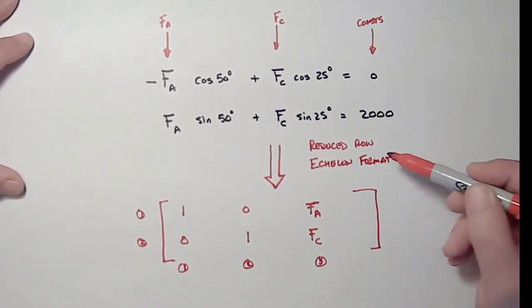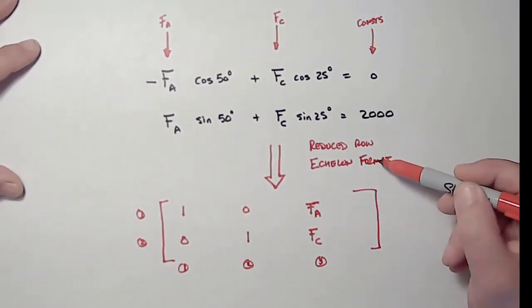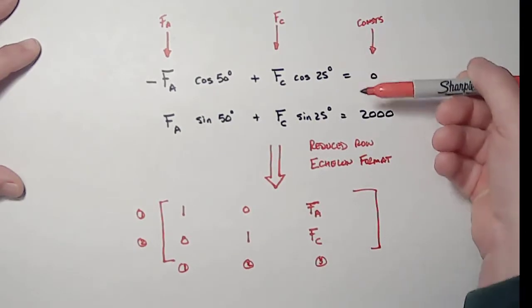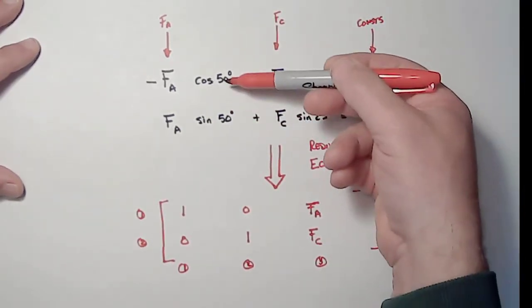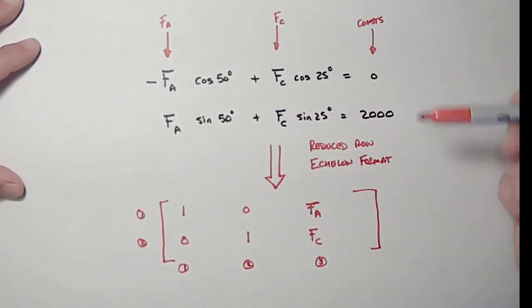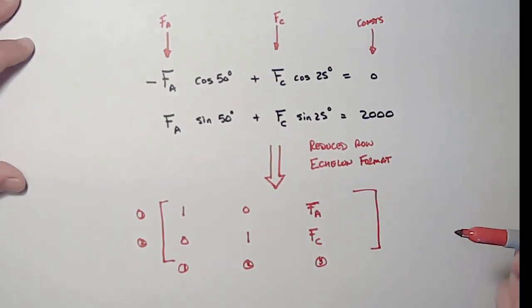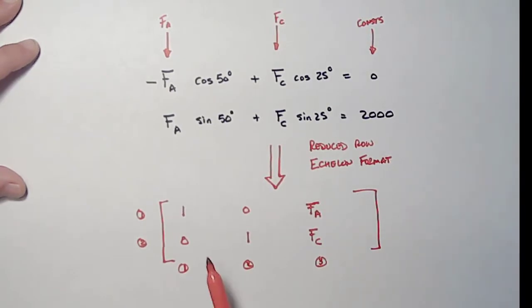And what a reduced row echelon format does is it multiplies each row by certain numbers. You can multiply everything in a row by the same number and you'll get the same result. And then add rows to other rows, but the goal is to get these two numbers to be 1 and 1 and 0 and 0, and then your answers will end up over here.